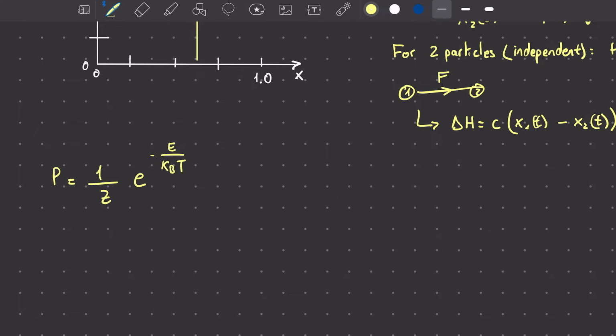So basically, this Z is the well-known partition function that looks like this: a sum over all states of e to the power of minus H, the Hamiltonian, over k_B T. k_B is just the Boltzmann constant, E is the energy again, and T is the temperature.